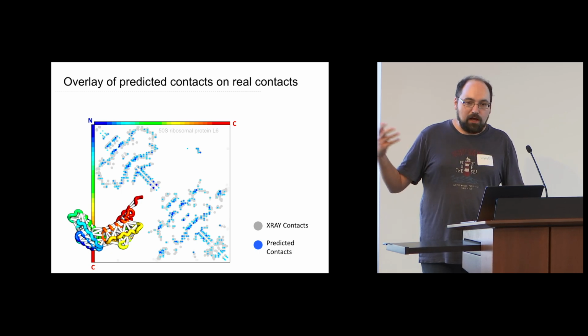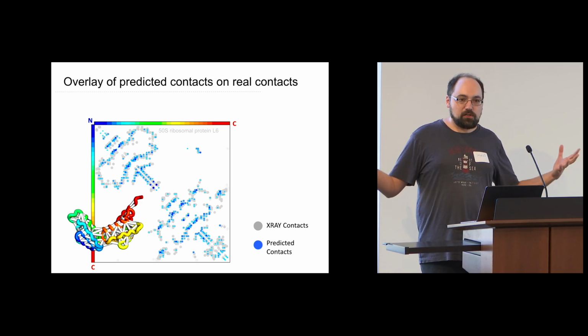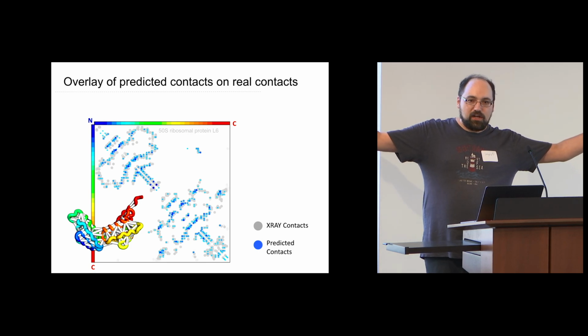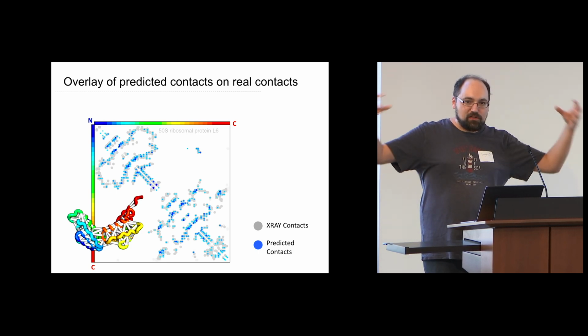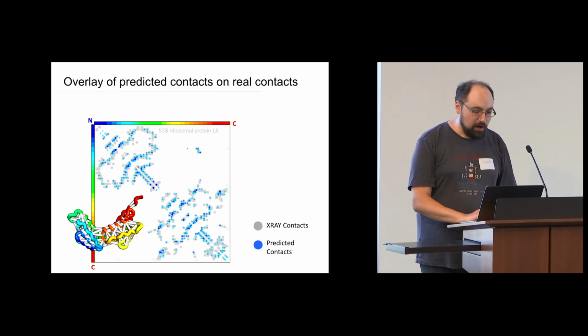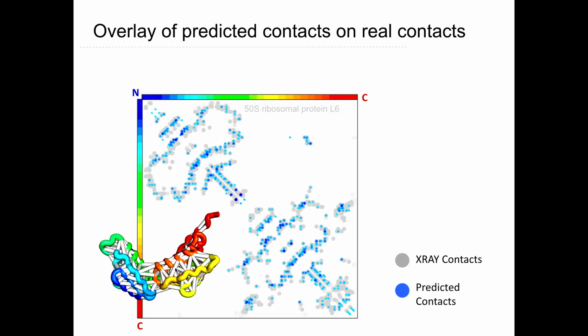This allows you to imagine a scenario where, if you didn't know what the structure was, if it was just some long extended chain and you put rubber bands everywhere, you could potentially start to snap things into place. All these white lines are positions that are covariant with each other, and now you could potentially build a structure that maps those contacts.